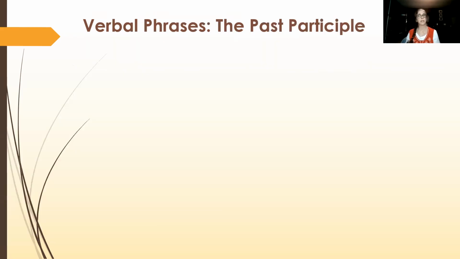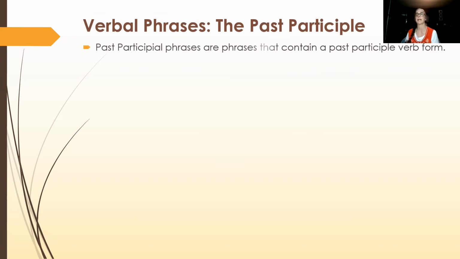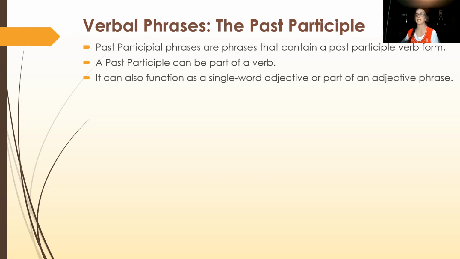Now, the past participle is very much like the present participle, except the past participle can't really be left dangling. It's not likely that we will ever dangle a past participle like the infinitive and the present participle. A past participle can be part of a verb. It can also function as a single word adjective or part of an adjective phrase.